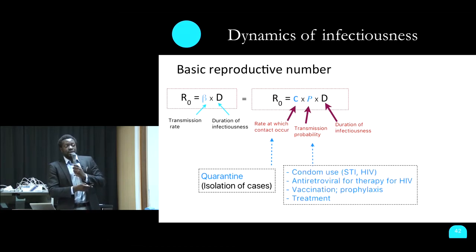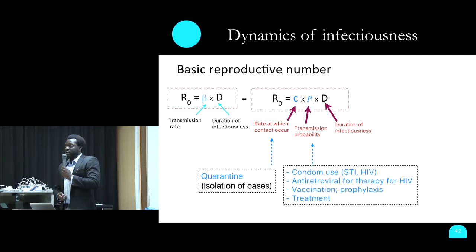We can look at some other interventions that are implemented to control the probability of transmission. For example, the use of condoms. When we use condoms, we decrease the probability of transmission. In that way, we decrease the transmissibility of the disease.